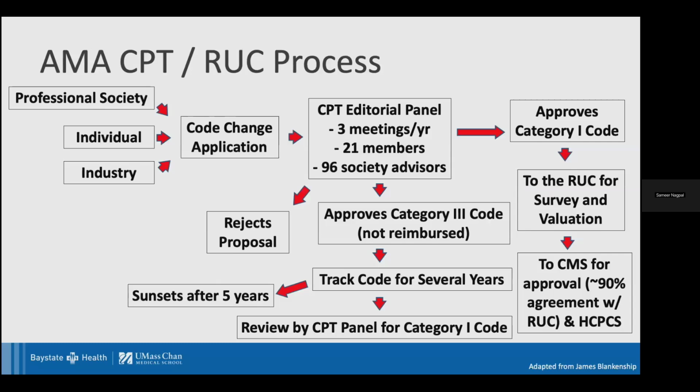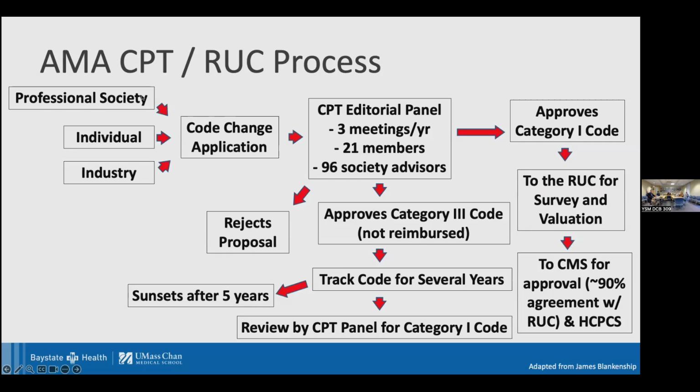This is a busy slide, and the reason it's a busy slide is this is a busy process. So where do CPT codes come from? This is the American Medical Association CPT and RUC process. So first, where do CPT codes come from? They come from, well, anyone. They can come from professional society.